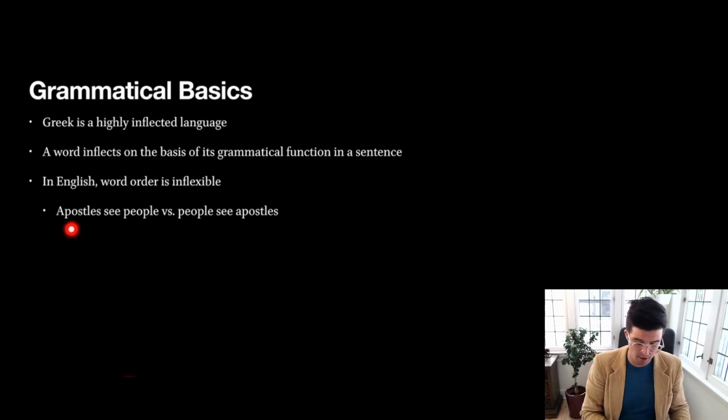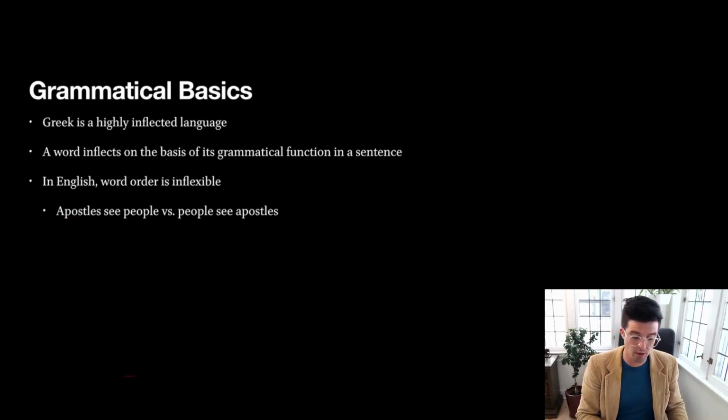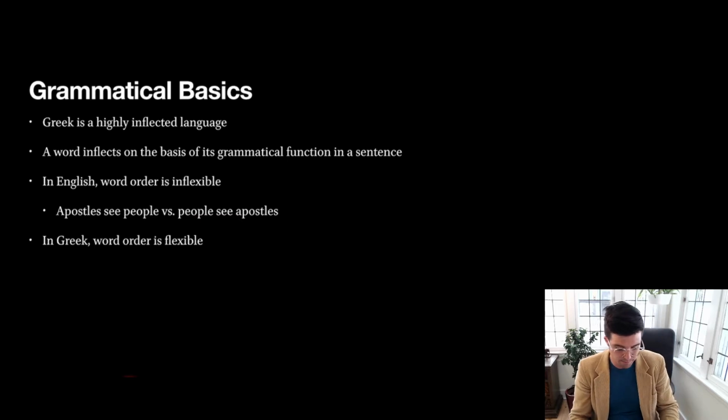Apostles see people versus people see apostles. We have the same words here, but by changing the word order, they mean different things, because the words have different grammatical functions in the sentence. So the apostles is the subject in this sentence, but it's the object in this sentence. And people is the object in this sentence, but it is the subject in this sentence.